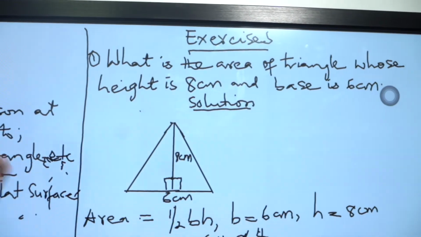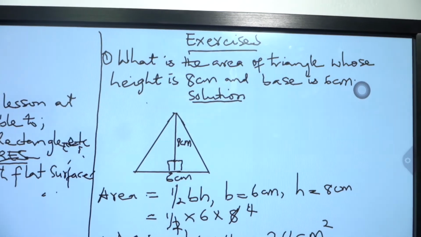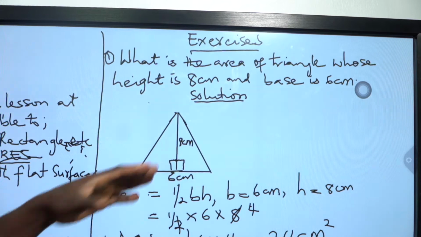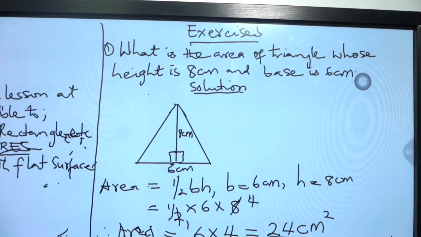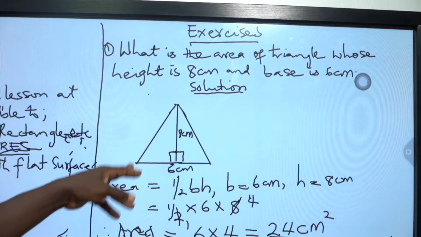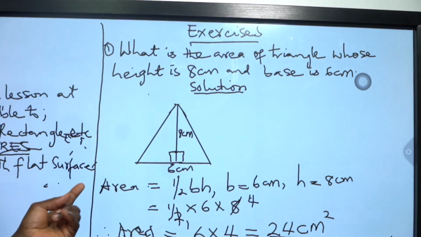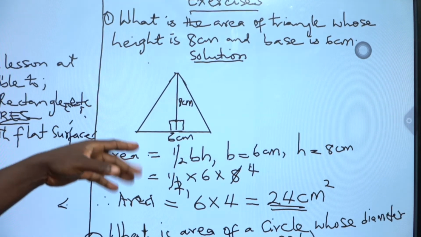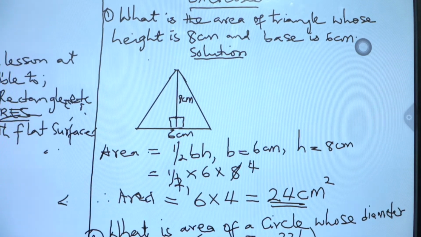Then exercises. We said, what is the area of a triangle whose height is 8 cm and base is 6 cm? Solution. This is the diagram of the triangle. This side is what we call the height. This other side we call the slant height. We now say that the area is a half base times height. According to our diagram, the base there is 6 and the height is 8 cm.